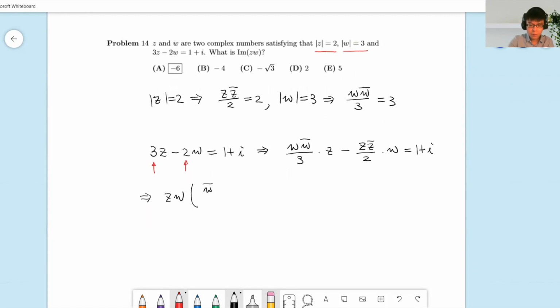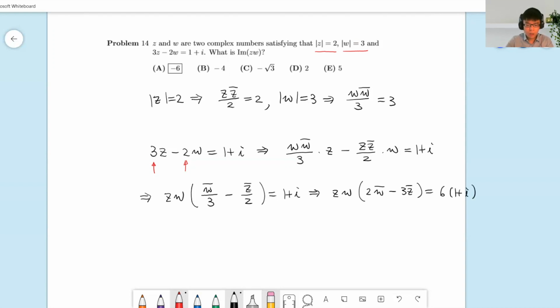We have w conjugate over 3 minus z conjugate over 2 equals 1 plus I here. All right, in this way, we can multiply 6 on both sides to get z times w, 2 w conjugate minus 3 z conjugate equals 6, 1 plus I.